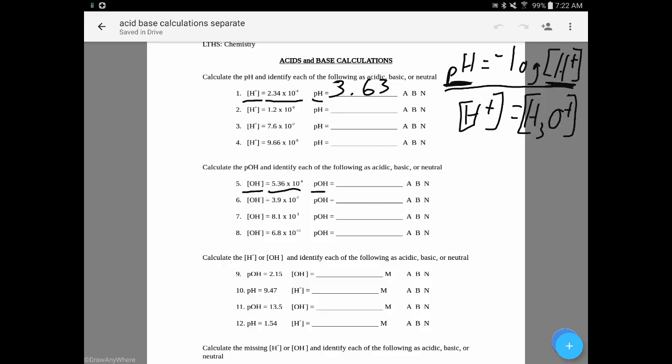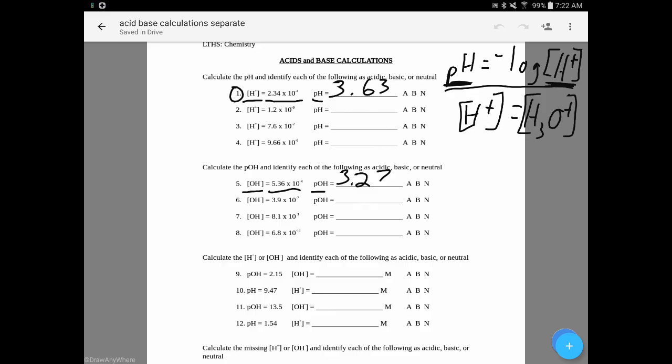So we take the negative log of 5.36 times 10 to the negative fourth, and we get 3.27.